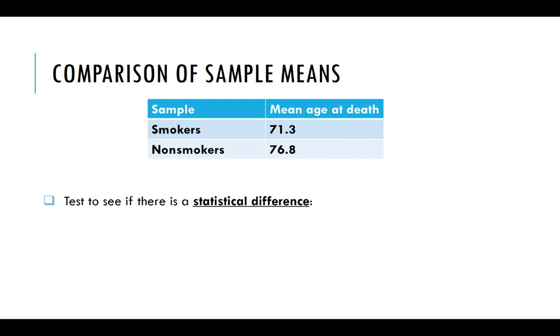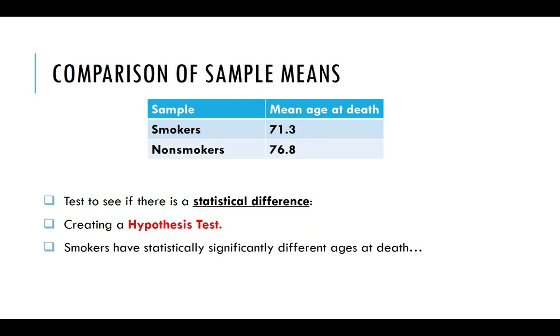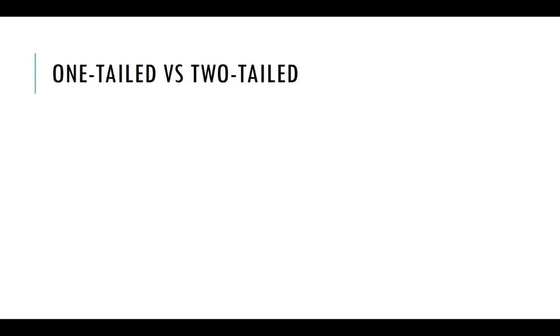It doesn't just happen to be that, given my samples of smokers and my samples of non-smokers, I get this result. To do this, I need to create a hypothesis test. And maybe I think that smokers have statistically significantly different ages at death, but maybe they don't, right? So our hypothesis test is going to tell us what's in fact true based on the evidence.